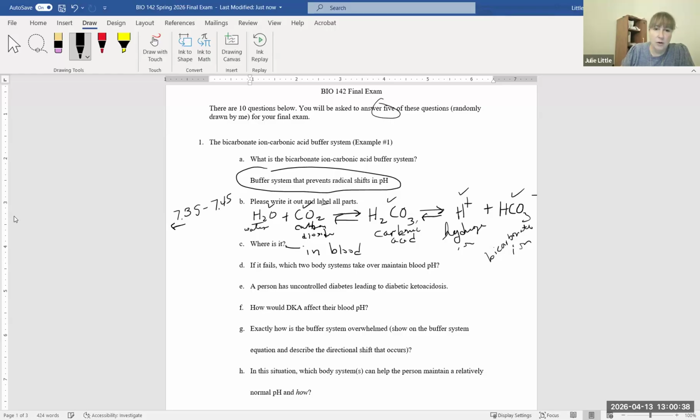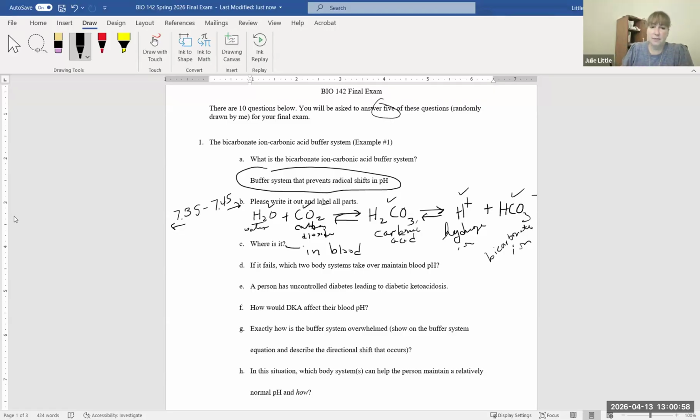Well, if we get too low or if we get too high, then we're getting out of the bounds of this bicarbonate ion carbonic acid buffer system. This buffer system really does absorb a lot of stuff to make sure that we stay within that range of 7.35 and 7.45. But sometimes, it gets overwhelmed.